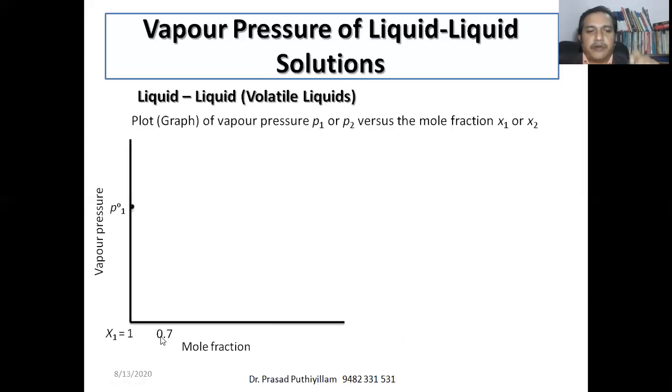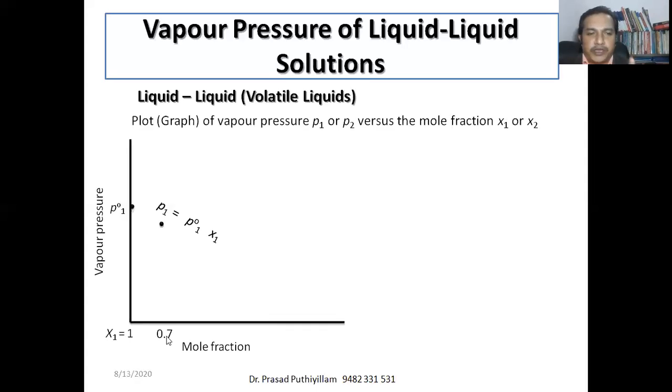If I decrease the value to 0.7, that means another component is present, whose mole fraction will be 0.3. If it decreases, the pressure exerted by component 1 will be decreasing. Why so? Because we know that P1 is equal to P01 x1. If the x1 value decreases, the pressure exerted by component 1 also will be decreasing.